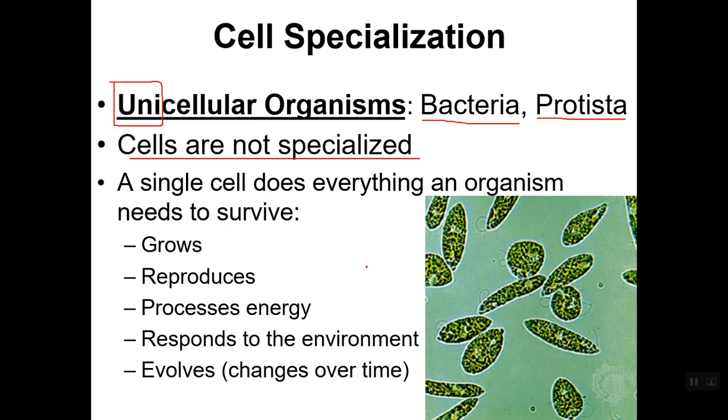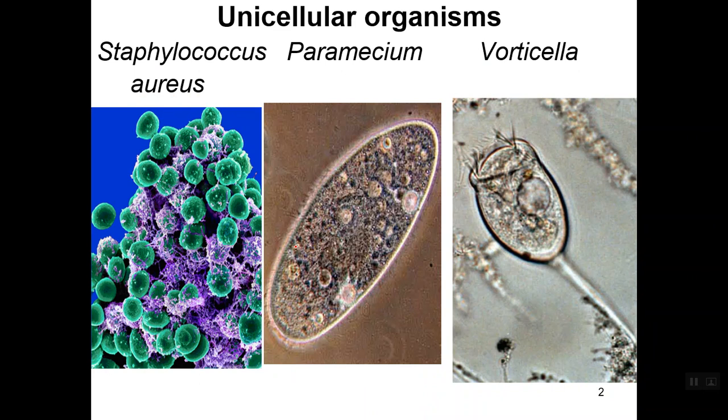You have to be able to grow, reproduce, process energy, respond to your environment, and evolve, which is just change in populations over time. All of the things necessary for a living thing have to be executed by that one single cell, simply because there are no other backup cells to do other jobs for you. So you have to do everything yourself.